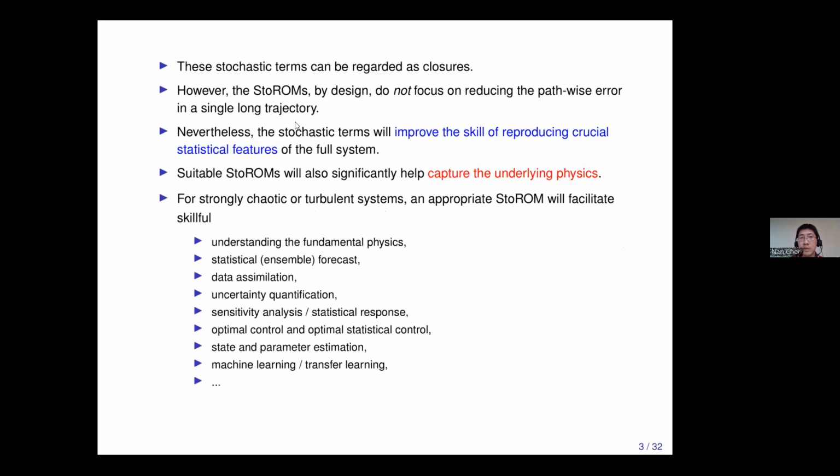I think this is easy to understand because the stochasticity is impossible to predict in a pathwise way. So our goal is not to make sure this reduced model captures the long-term trajectory very nicely. Our goal is to make use of these stochastic terms to improve the skill of reproducing the crucial statistical features of the system.